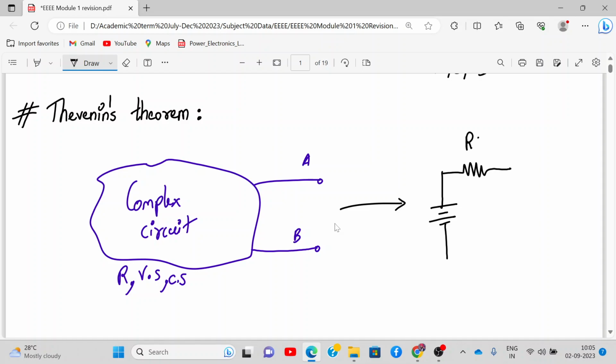Now this resistance is called RTH, and this voltage source is called VTH.